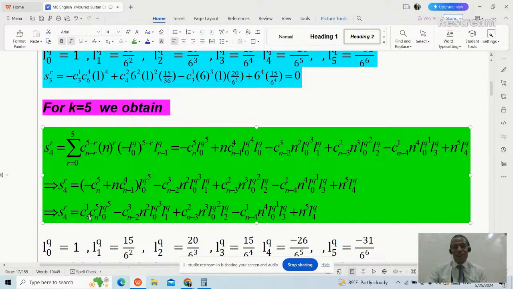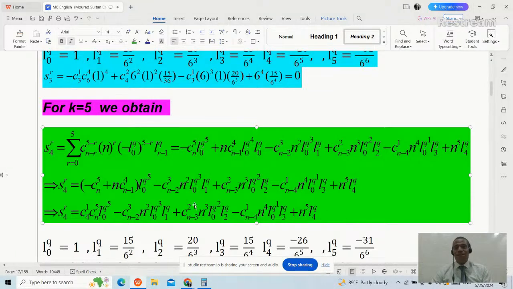Many secrets in fact, but I will release this secret for you. I will give you these keys of work. So S4 raised to the power R is combination 4 choose 1, combination n choose 5, and L0 for the q raised to the power 5, minus all of this.